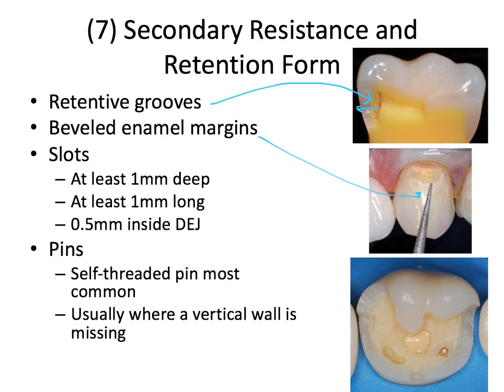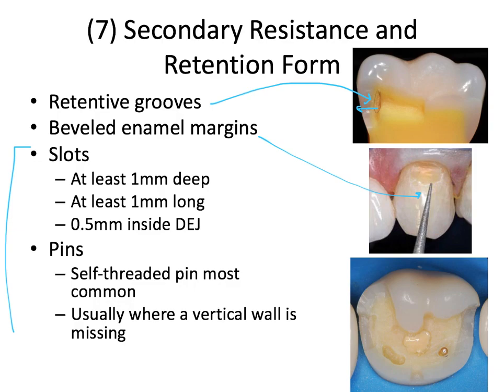Slots and pins can be used interchangeably and offer similar amounts of retention. Now, typically these things are only used for complex amalgam restorations that are either missing cusps and or external walls entirely in order to help bolster their resistance and retention form, because again, with amalgam, you cannot rely on bonding.